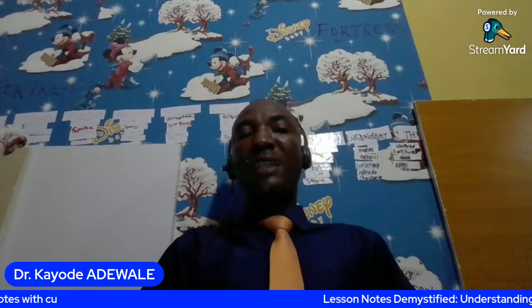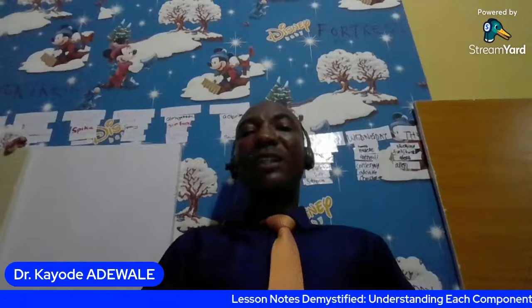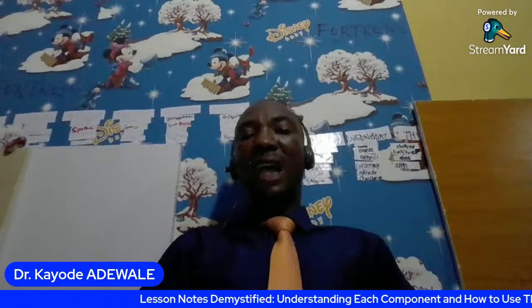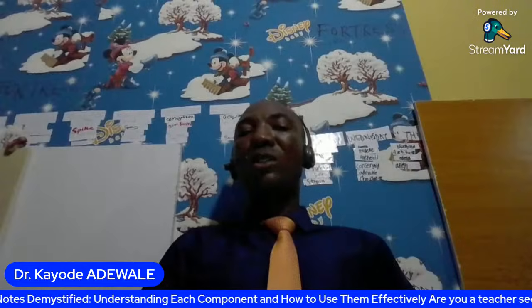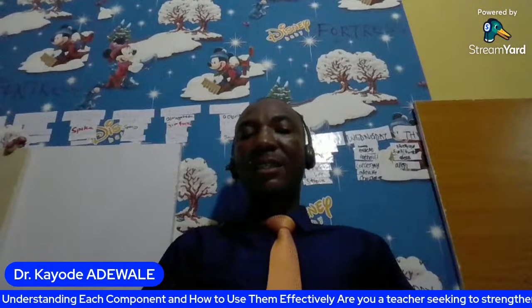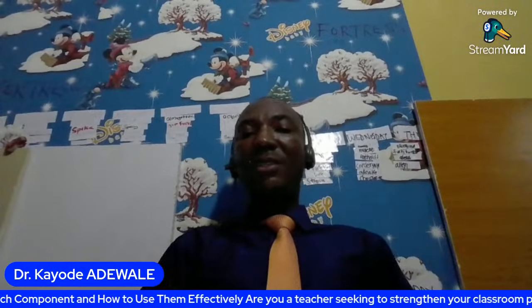Of course, don't forget that your instructional objective is what the teacher intends to achieve at the end of the class. So whatever you intend to achieve at the end of the class is what will be contained in your content, and it should match either the topic or the subtopic.